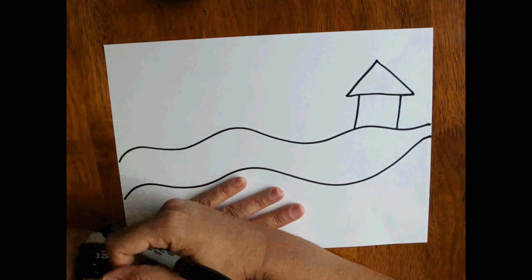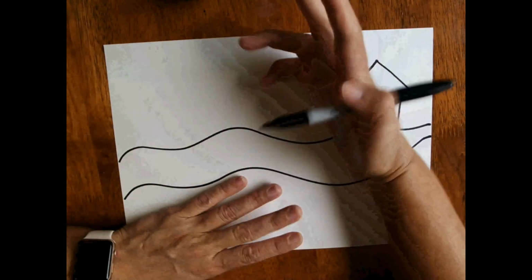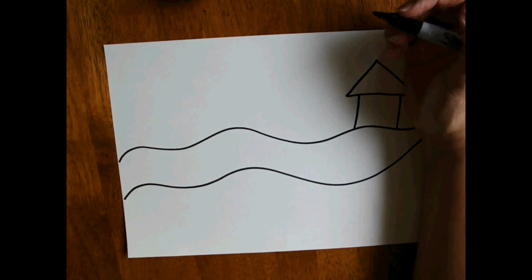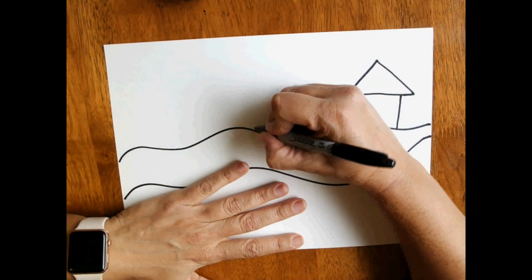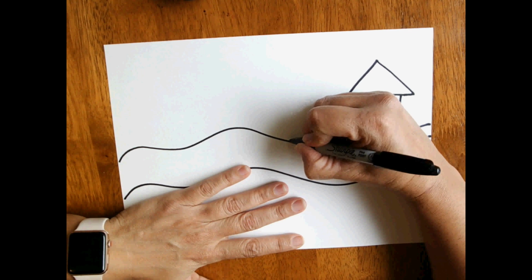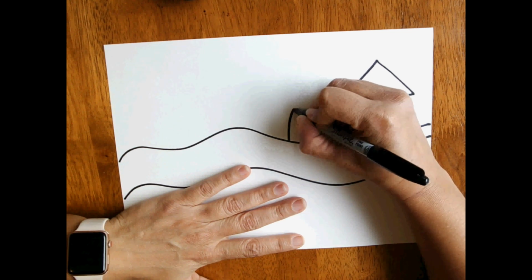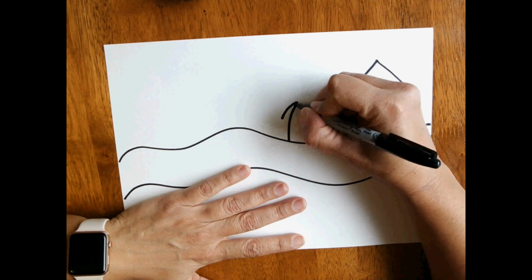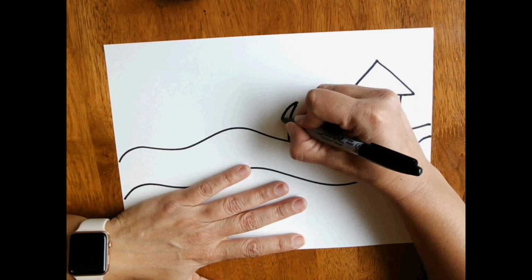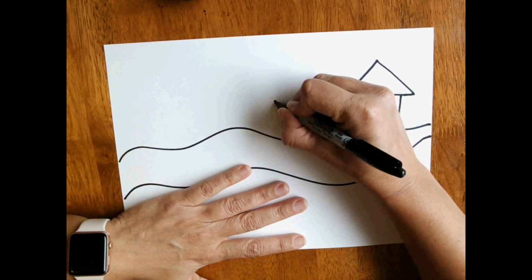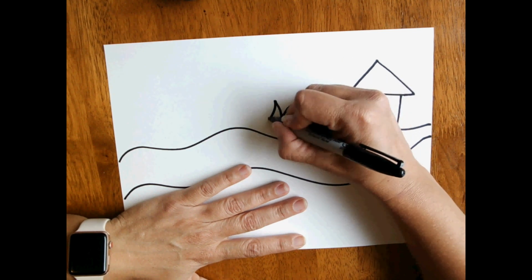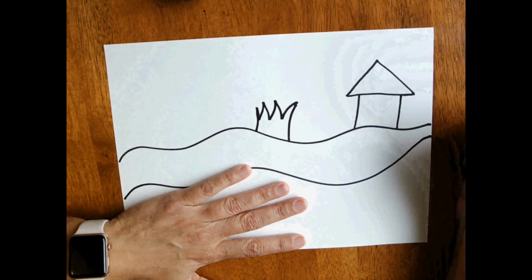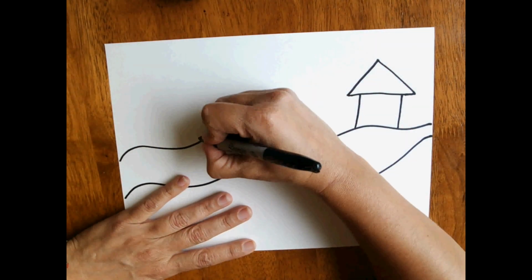Then we're going to create our trees. I have two trees on this drawing. So now we're going to create, I'm going to go probably maybe 3, but let's see how this looks. So you're going to create a kind of like a sort of a curvy line and bring it back, and it's kind of like you're making 2 M's. And then I'm going to draw one over here.